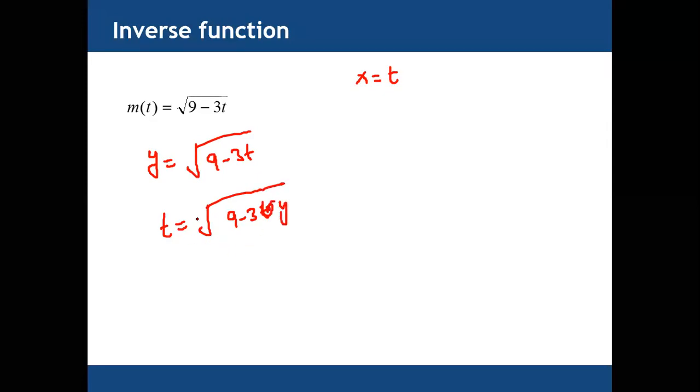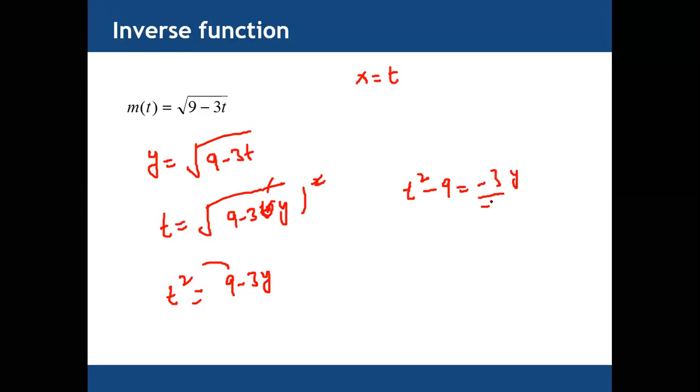And if you take the square on both sides, this will be t squared. And on this side, if you take the square, the square cancels with the root. We have 9 minus 3y. Transferring 9 to this side, we have t squared minus 9 equal to minus 3y.